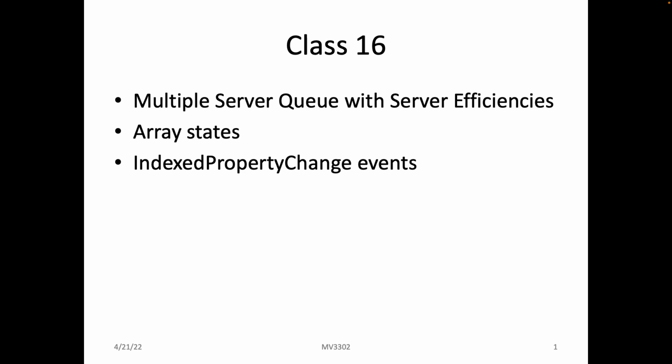Okay, so our models up to now have not been able to capture that. So that's what we're going to capture here. And in the process, we're also going to see what array states are about.